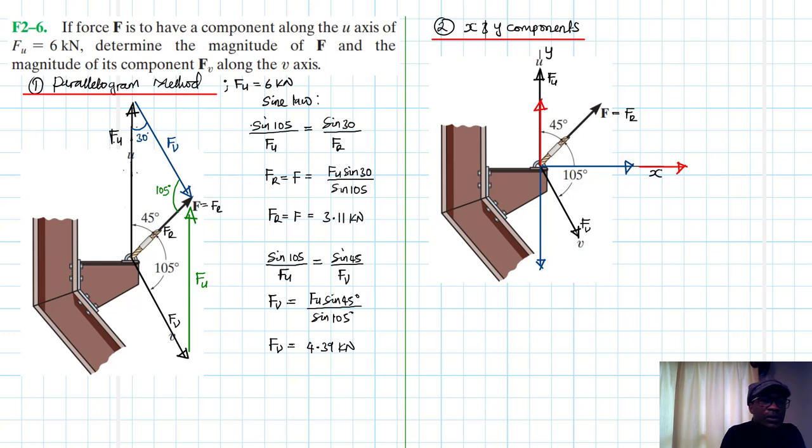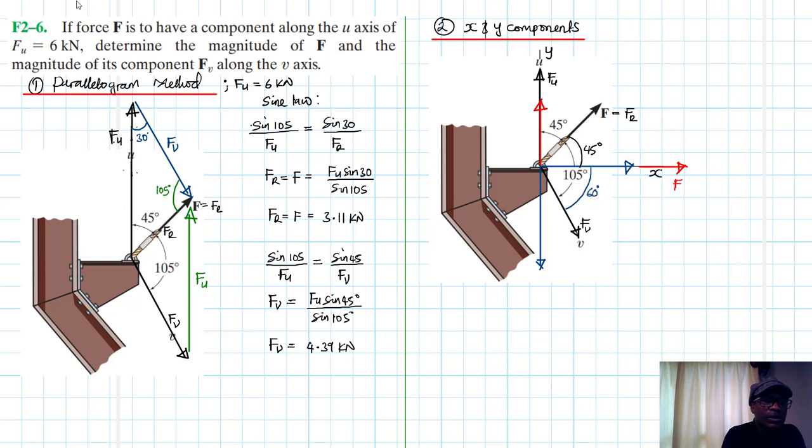All right, so let's just label them. So this is F, this is F, this is F. This angle here is 90 minus 45, so this is 45, and then this one here is equal to 105 minus 45. This gives us 60.